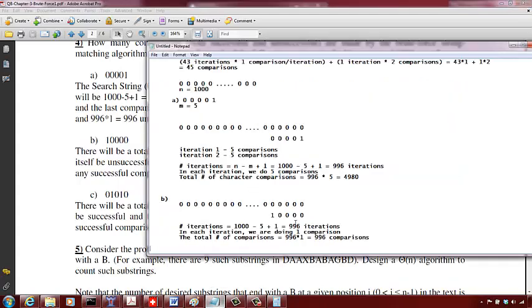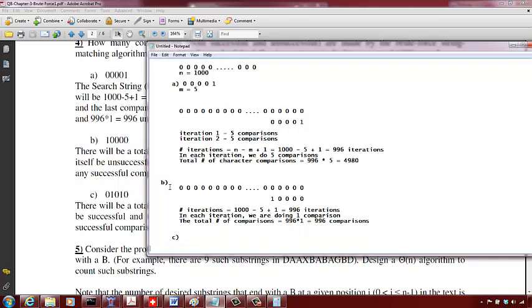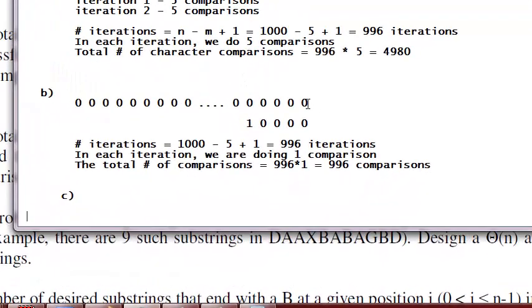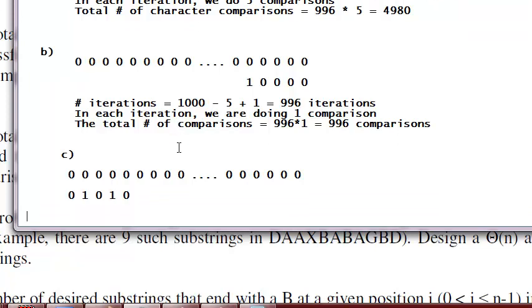So let's do the third one. This is again the string, and now we are looking for something like 0 1 0 1 0. So now you see we do one comparison, they match. The second comparison doesn't match, and since they don't match, we don't need to do the rest, so we just move on. So we compare this 0 with 0, this 0 with 1, they don't match, so we move on.